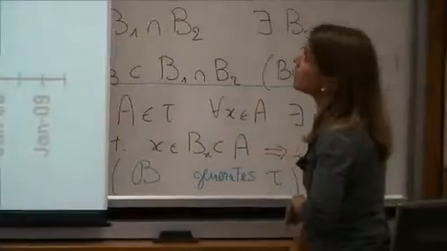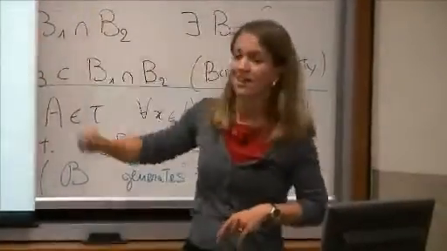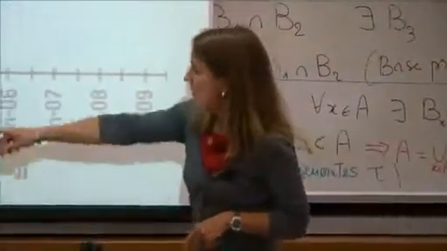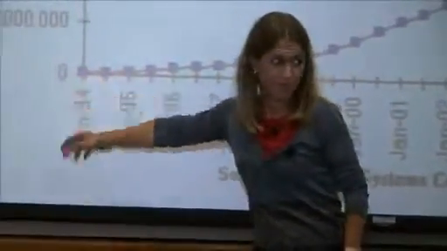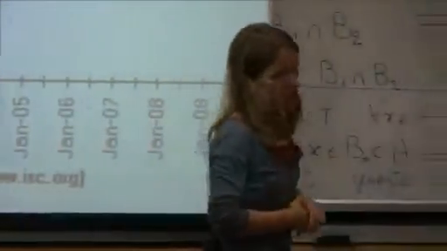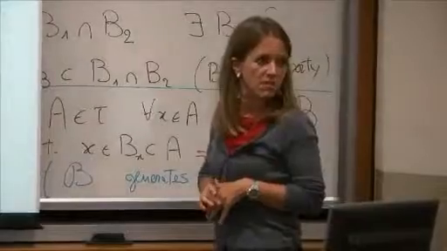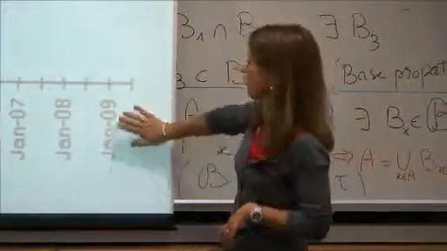Here we are. Host count up to February 2009, the latest figure that I could find, 94. This is the most commonly used measure of Internet infrastructure development, if you want. 94, 2009.